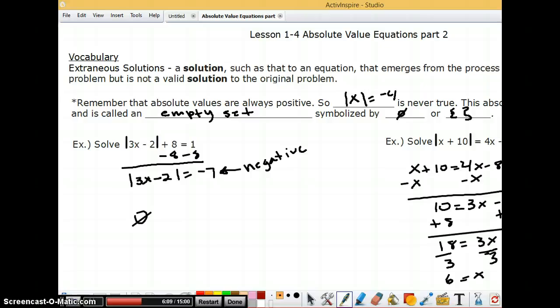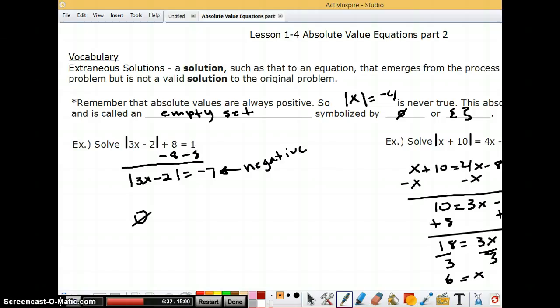Subtract 10. So 5x equals negative 2. Divide by 5. We get that x is equal to negative 2 fifths, and if you wrote this as a decimal, it would be negative 0.4.